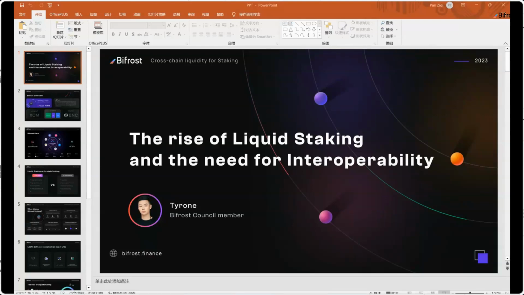Okay, the rise of liquid staking has a timeline for each of the V tokens. VETH is the one that we launched about 3 years ago. Right now, we are migrating to the second version of VETH and combining more functions on Ethereum. The next step is that once we have the bridge between Ethereum and Polkadot, mostly like a bridge hub, the bridge hub has the functionality to bring that in.